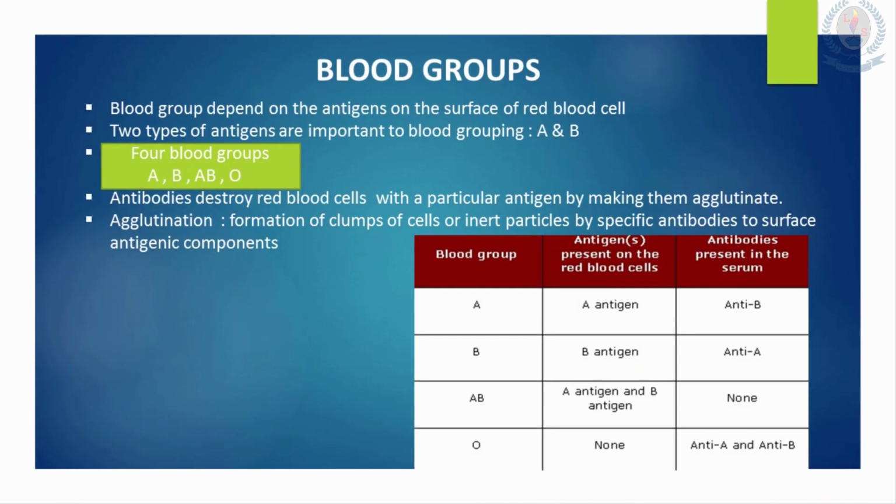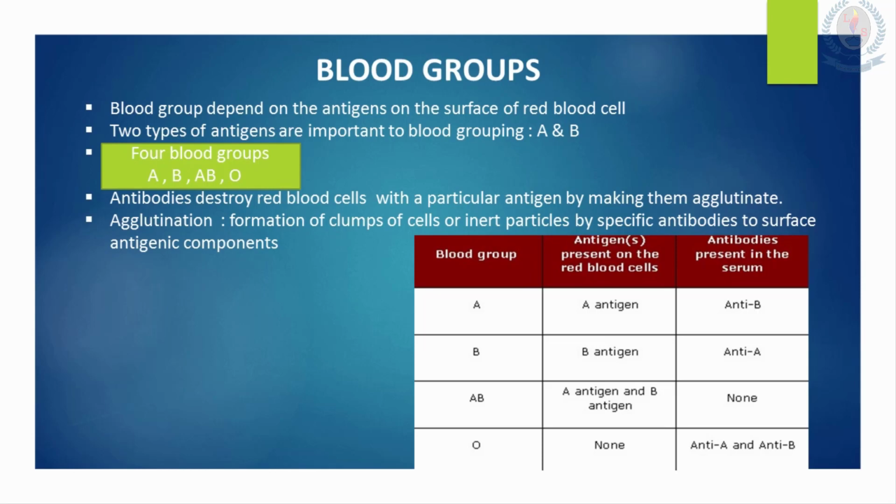Let's identify the blood groups. Every person's blood group is determined by a pair of genes which are inherited from our parents. The blood group depends on the antigens, which are located on the surface of the red blood cells.